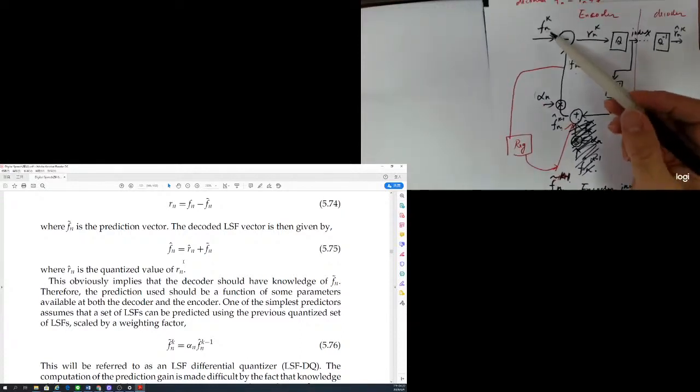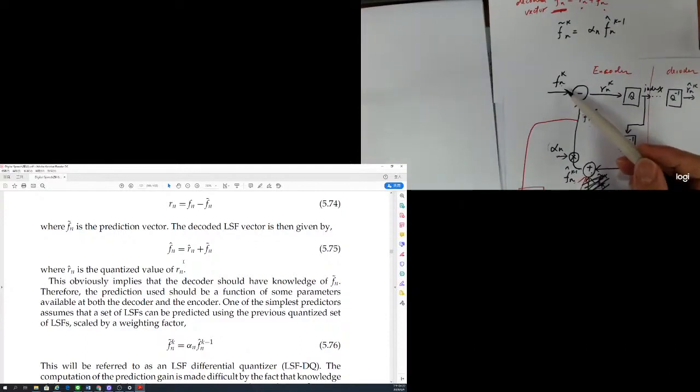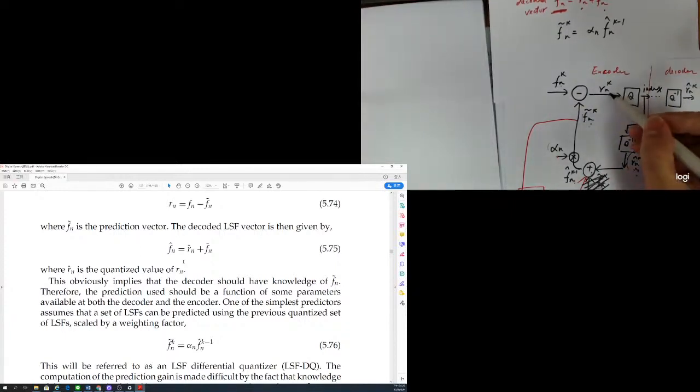So you can see our current input vector is subtracted by your prediction vector, becoming the residual line spectrum pair. This one becomes the index. The decoder will get the index.